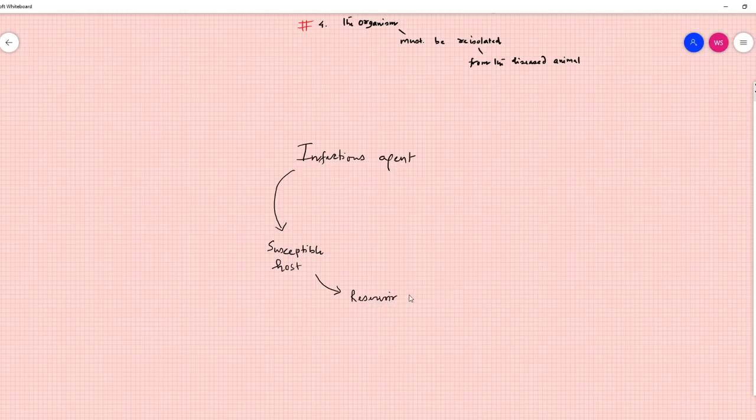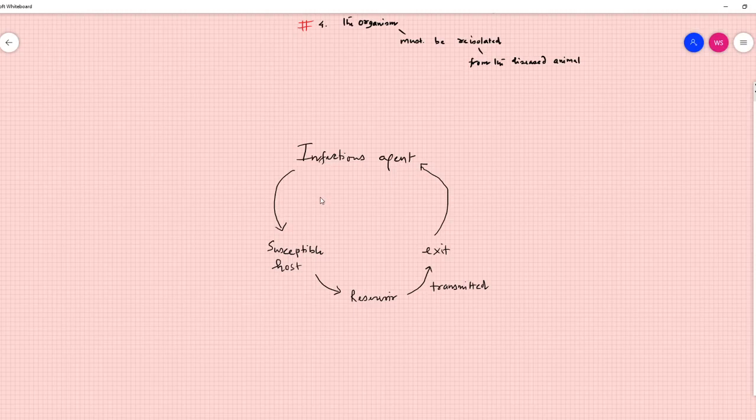And from this reservoir, the infectious agent could be transmitted, thereby they exit the host, and they become again the infectious agent, which can potentially infect other hosts.